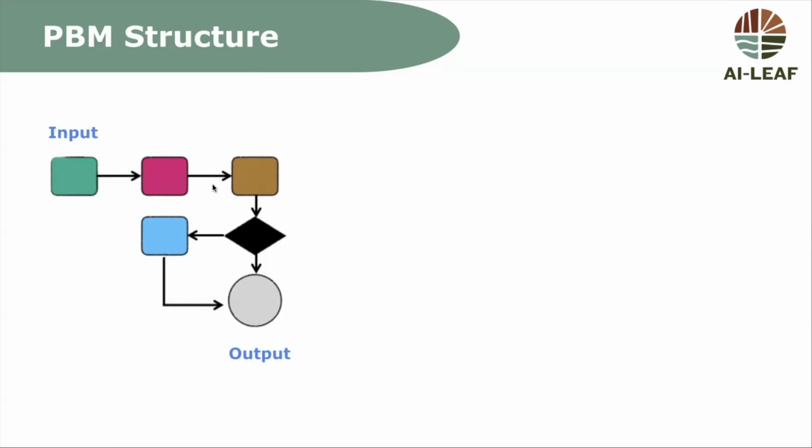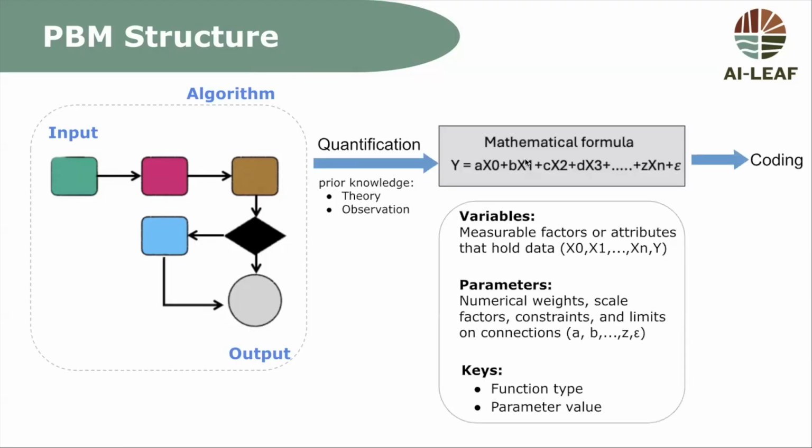But for the whole part, we need to consider how to represent those different processes and the whole workflow. It's an algorithm. So for these processes, we need to use our knowledge to quantify the whole system. How can we quantify those processes?